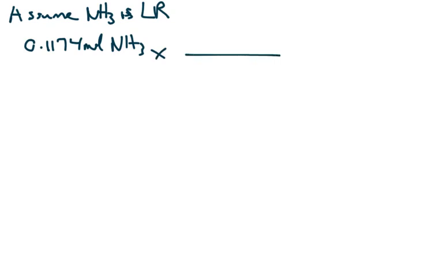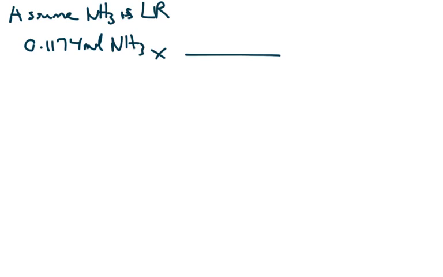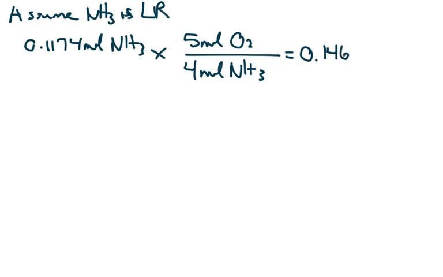We need to multiply that by the molar ratio. Looking back in the chemical equation, we have 4 moles of ammonia, 5 moles of O2. So 5 moles of O2, 4 moles NH3. Do the calculation, and we get that if we use up all the ammonia, we need 0.1468 moles of O2.